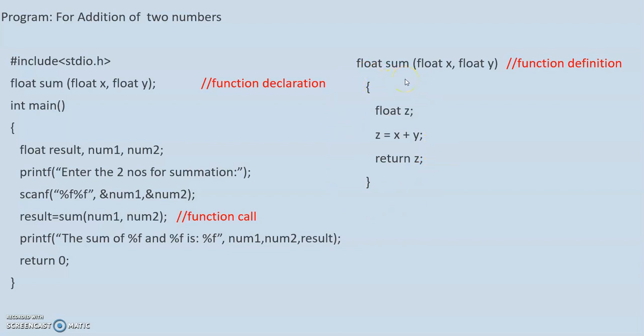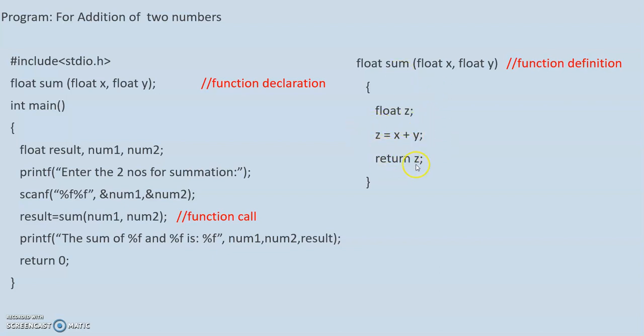In the function definition, within the curly braces, we write float z, a variable to store the result, and z is equal to x plus y. So the job is done for addition.